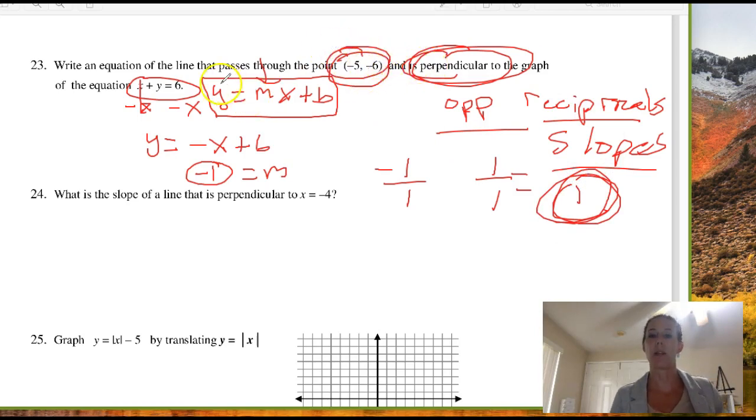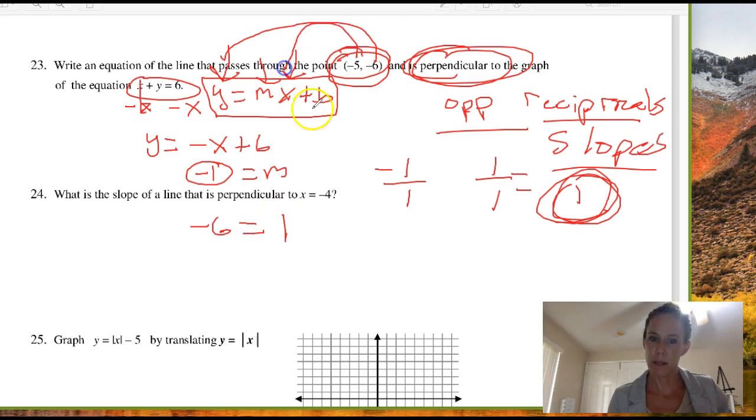And now I can write an equation using slope-intercept form. I'm going to go, all right, 1 is my slope, and then I'm going to use this point to plug in for x and y to figure out what b is. So my y is negative 6, so negative 6 equals my slope, which I figured out is 1, and then my x is negative 5, so 1 times negative 5, plus b, which I'm trying to figure out.